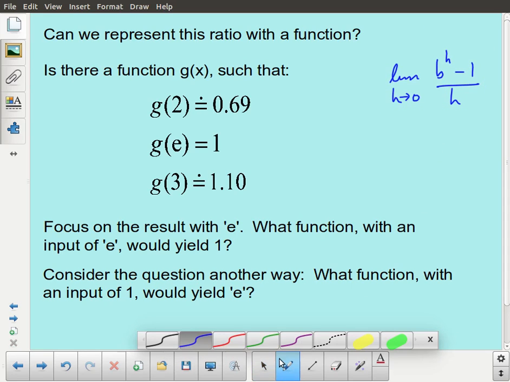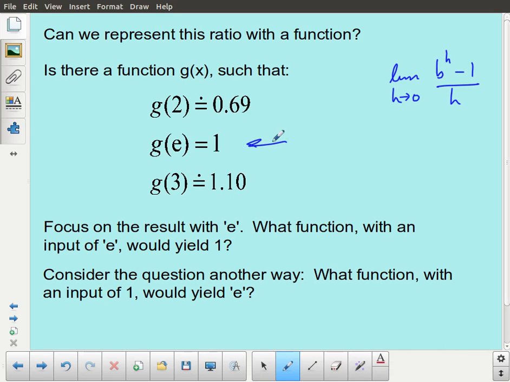Is there some function that, depending on what value I put in here, whether it's 2 or e or 3, I end up getting these numbers?